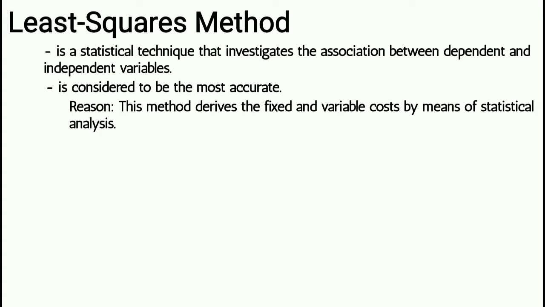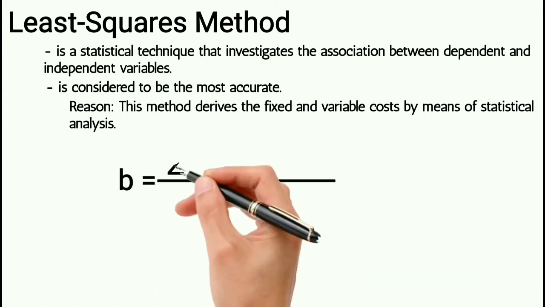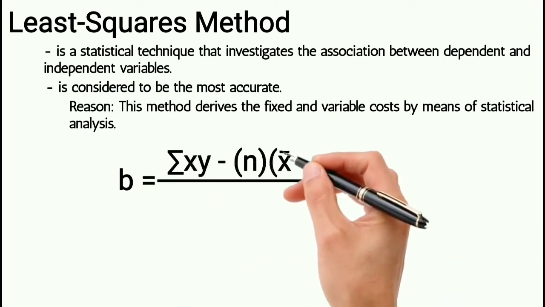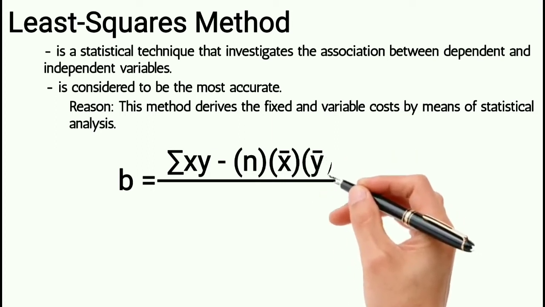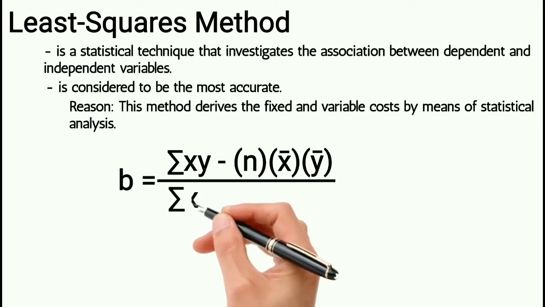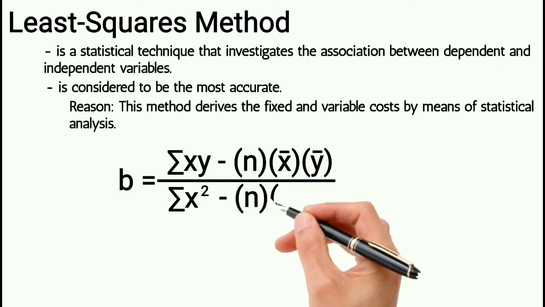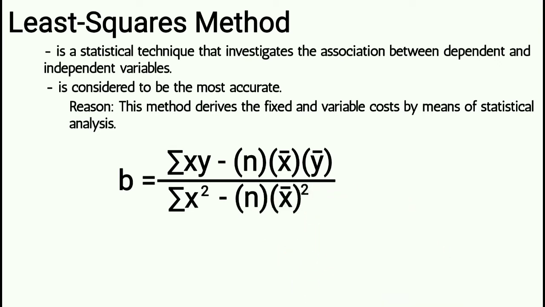In this method, ang gagamitin na formula para makompute yung B ay B is equal to summation of xy minus n times x bar or mean of x times y bar or mean of y over summation of x raised to the power of 2 minus n times x bar raised to the power of 2.